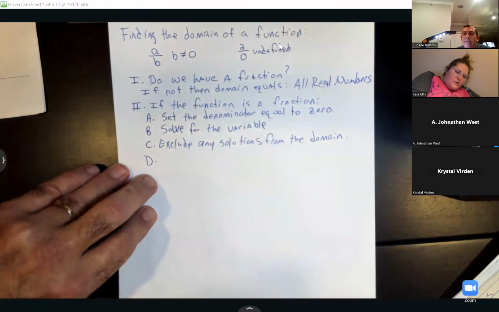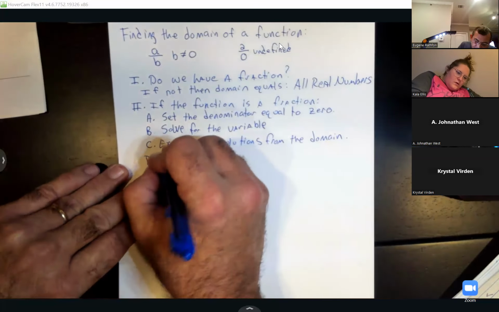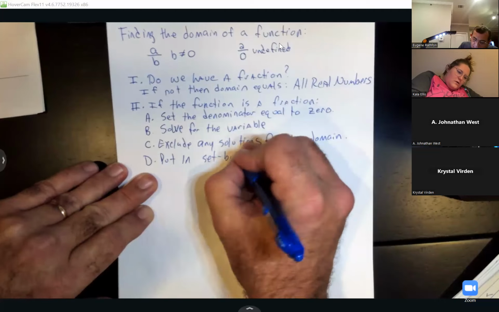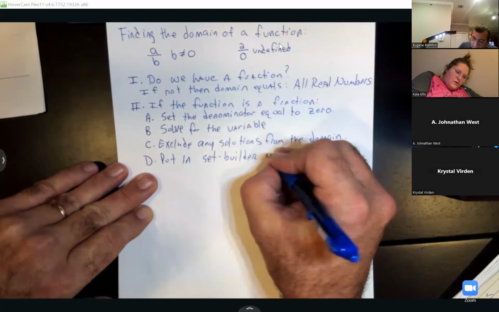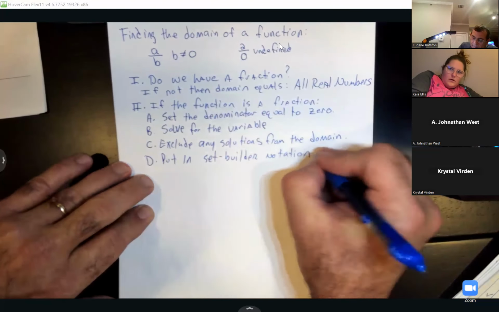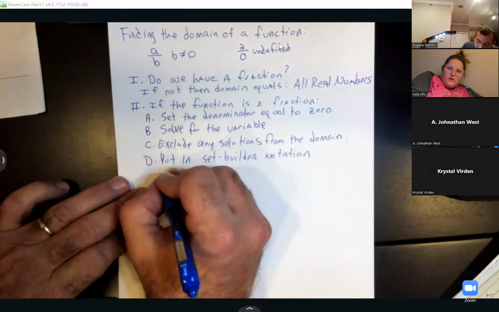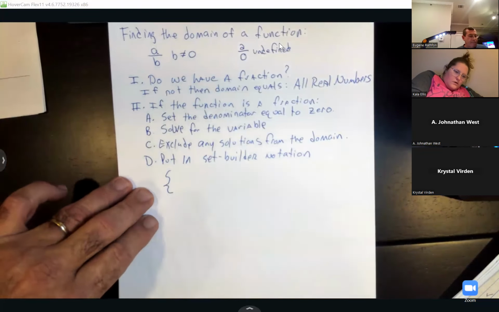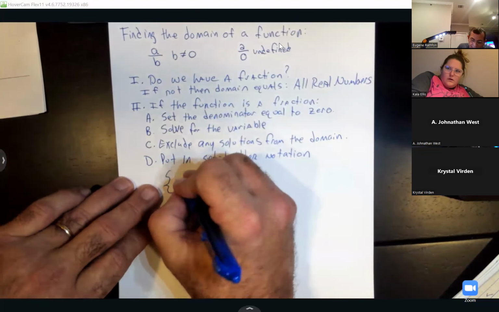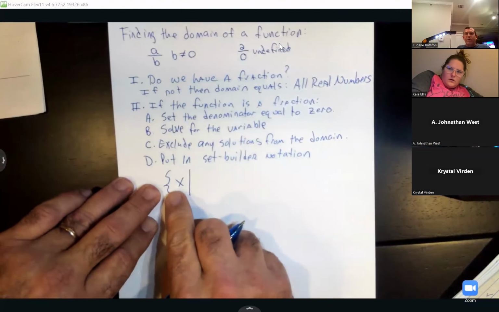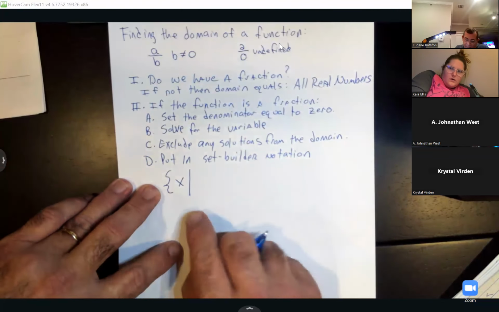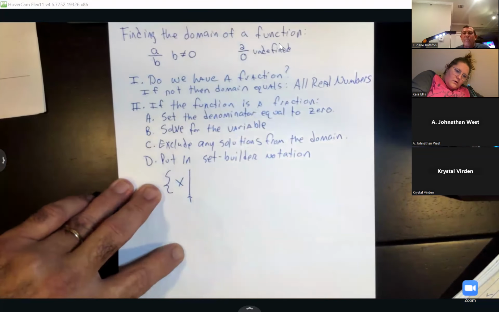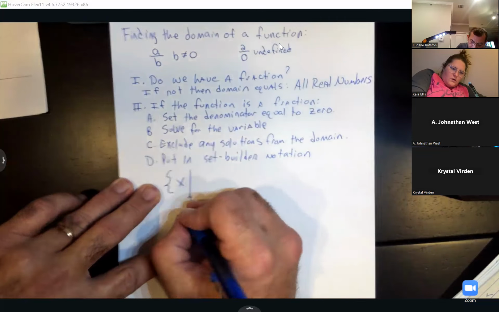And then I'm going to put it in set builder notation. Set builder notation will look like those fancy little braces. You list the variable, so my variable will be x. The little bar right here means such that.